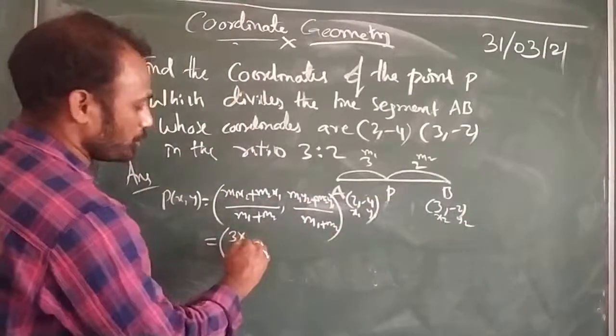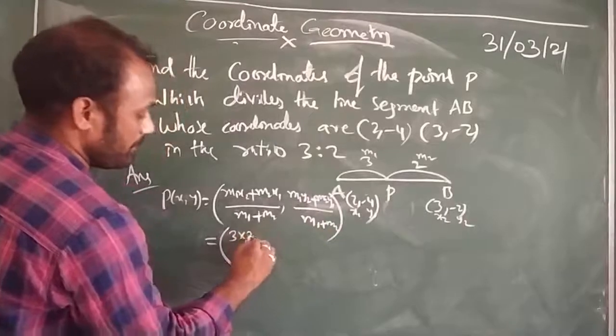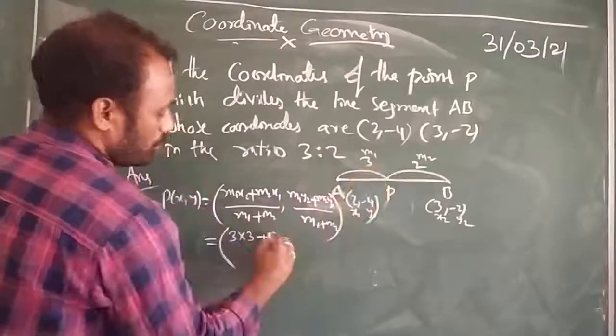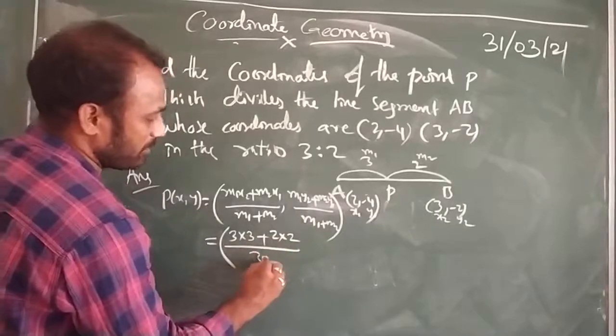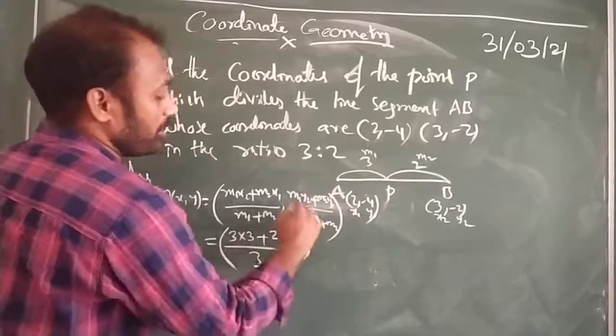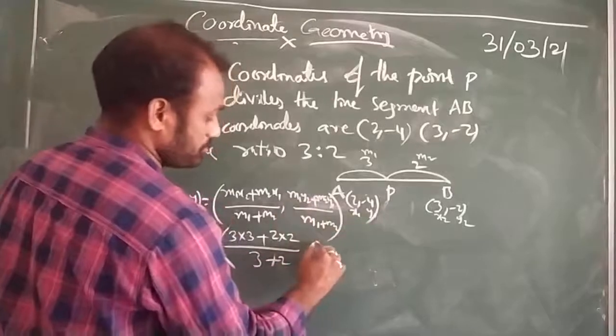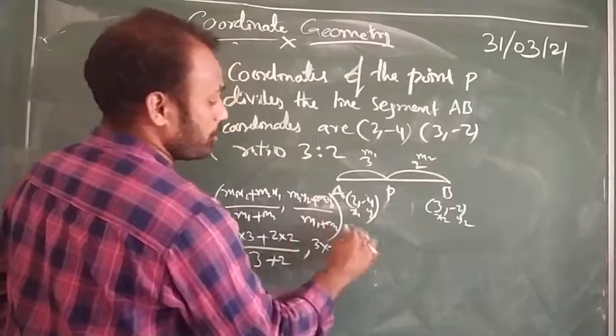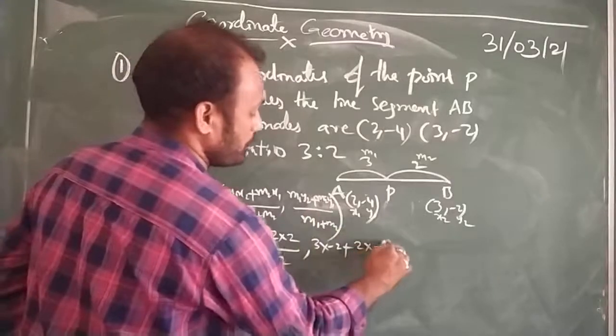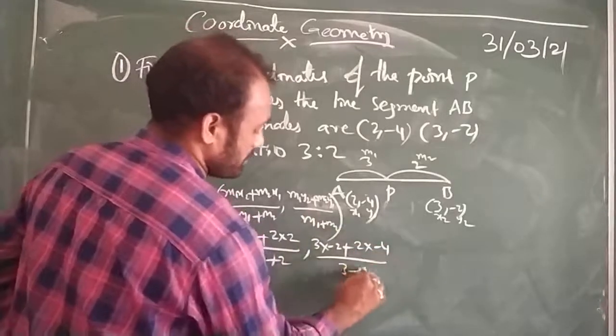So 3 into x2, x2 is 3, plus m2, 2, into x1, 2, divided by m1 plus m2, 3 plus 2, comma, m1 y2, so 3 into -2, plus m2 y1, 2 into -4, by 3 plus 2.